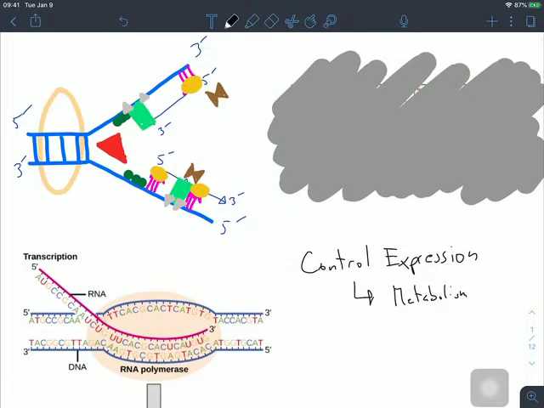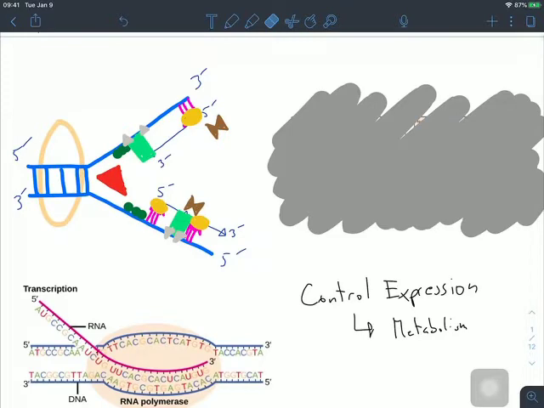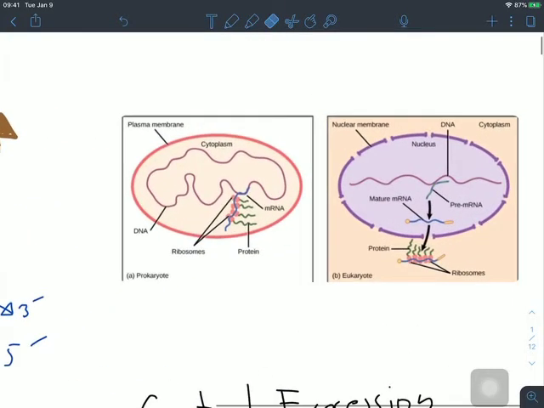And in today's lecture, we're going to take a look at how gene expression is controlled in prokaryotes and eukaryotes.